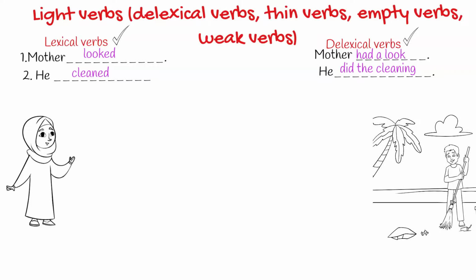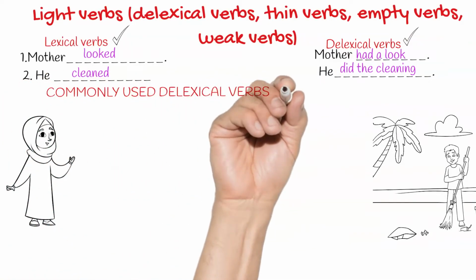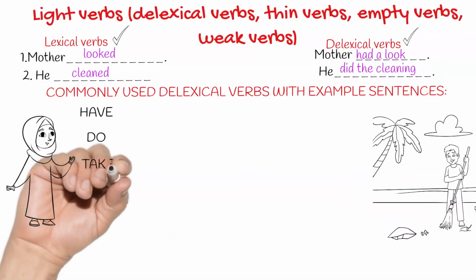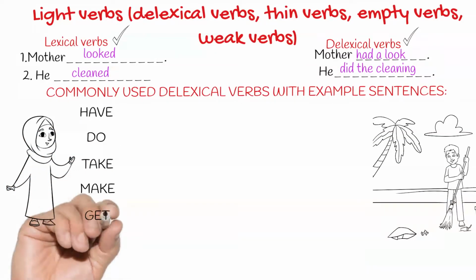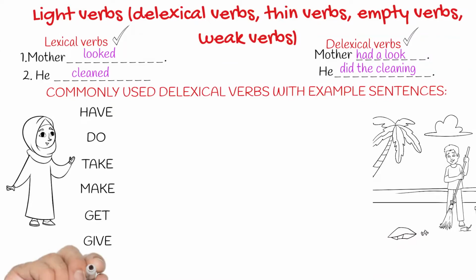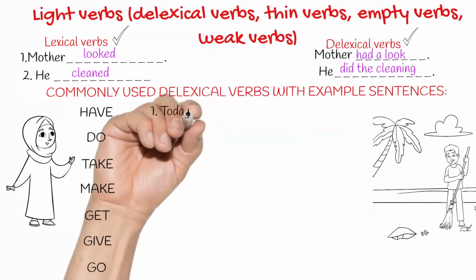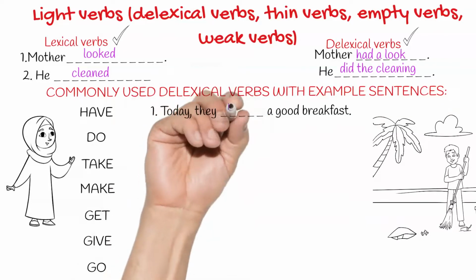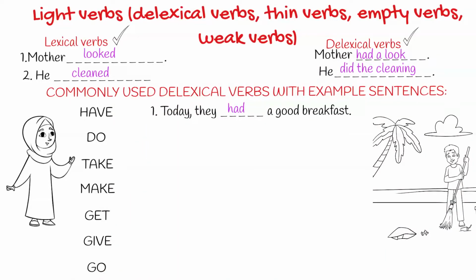The following are the commonly used delexical verbs: have, do, take, make, get, give, go. Let me give an example for each of the above delexical verbs. Today, they had a good breakfast.